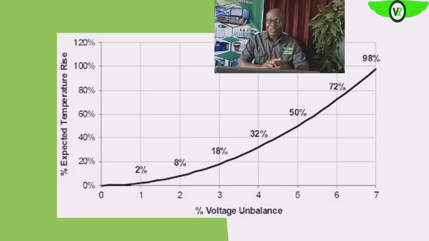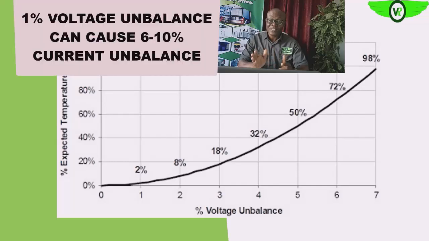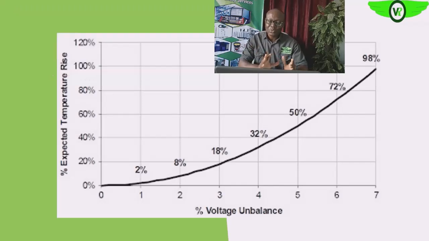An unbalance of 1% can result in an unbalance of between 6 to 10% in the amount of current. That is an increase in the amount of current that flows through the windings of between 6 and 10%. So that is huge.